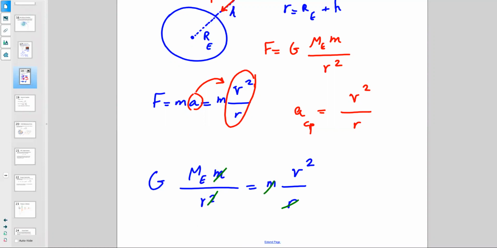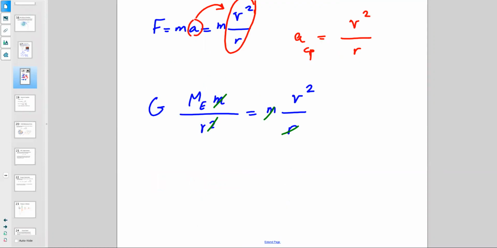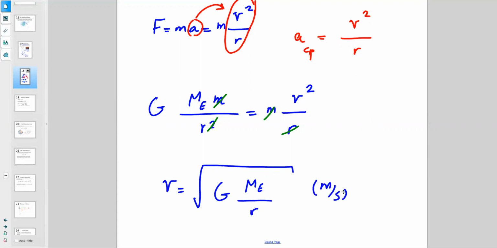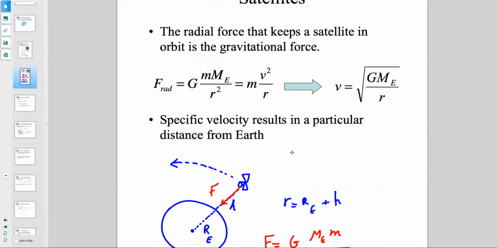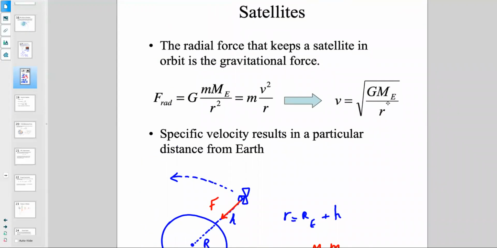You are left with v equal to the square root of G m of e, the mass of the Earth, over r. This would be in meters per second, and this is the velocity of the satellite.